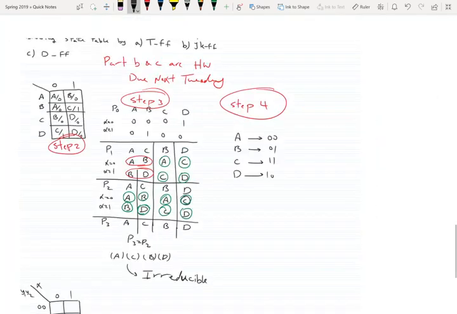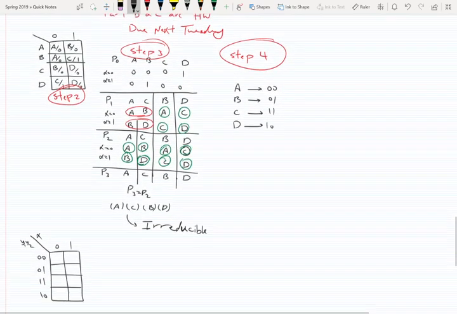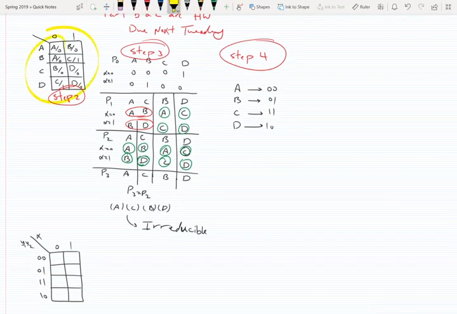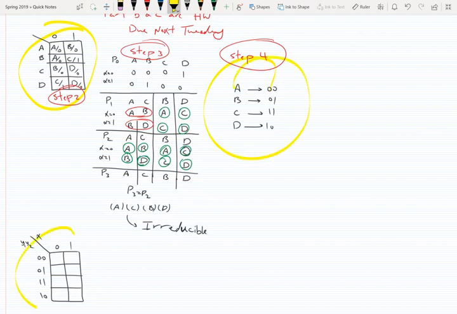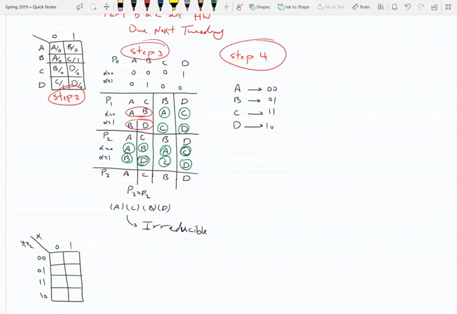I just try to bring the states from this table. Okay, guys, let me just make sure that mine is right. I try to get the states from this table using these assignments and fill this table.